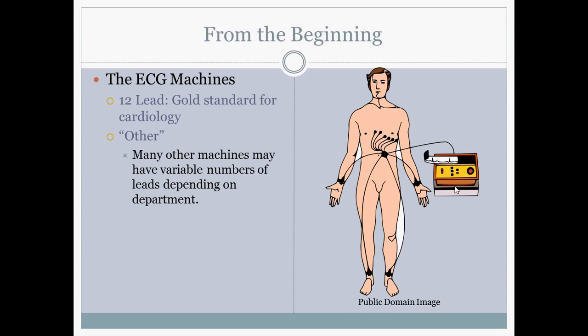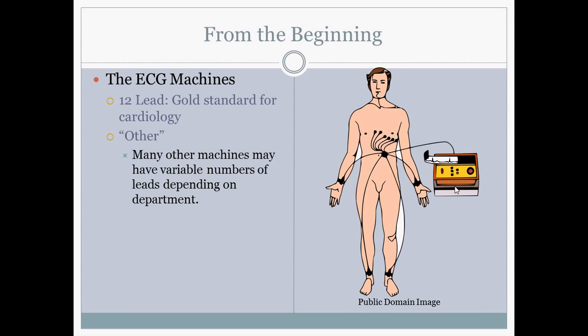Most commonly in emergency rooms, you'll see a limb lead system, just 3 electrodes, 3 wires, placed on the anterior chest. In a telemetry ward where I worked, we used the 5-lead wire system, and we could get a large number of leads, the theoretical leads, which I'll discuss in a minute.